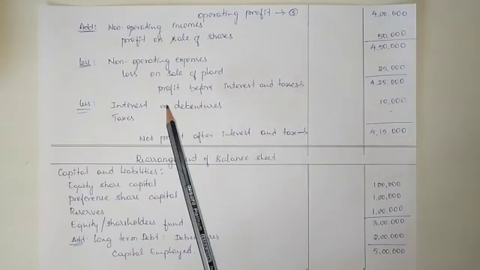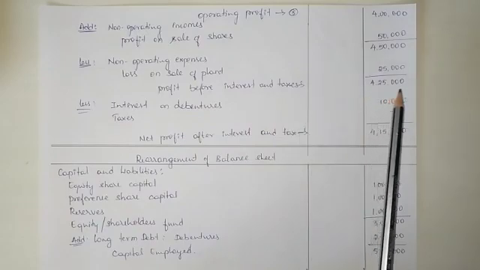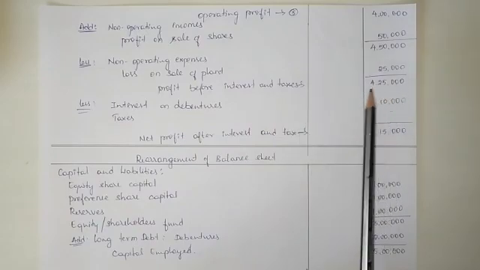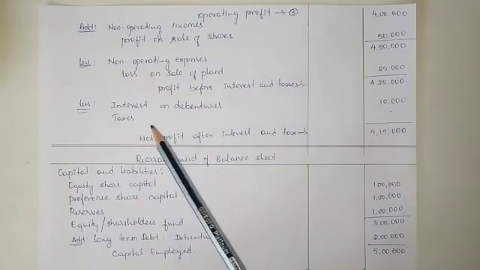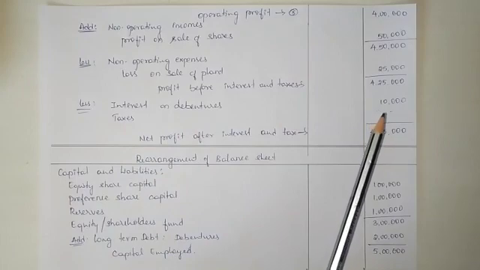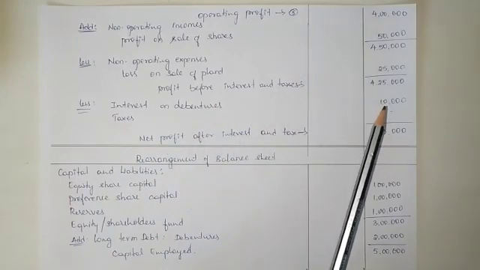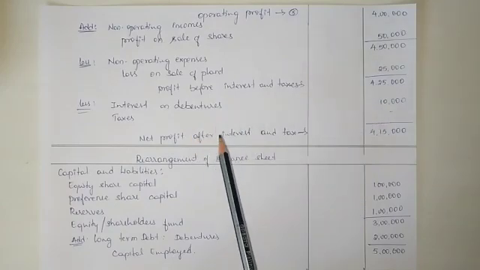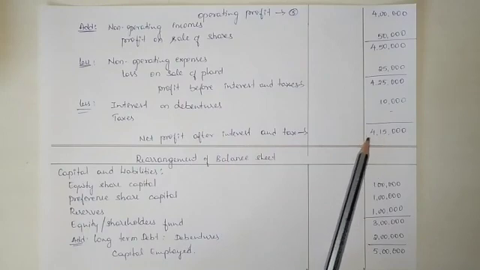This is profit before interest and taxes, that is 4,25,000. From this amount, we need to reduce interest and taxes. Here, in this particular problem, the tax amount is not given. Interest on debenture is 10,000 rupees. So net profit after interest and taxes is going to be 4,50,000.